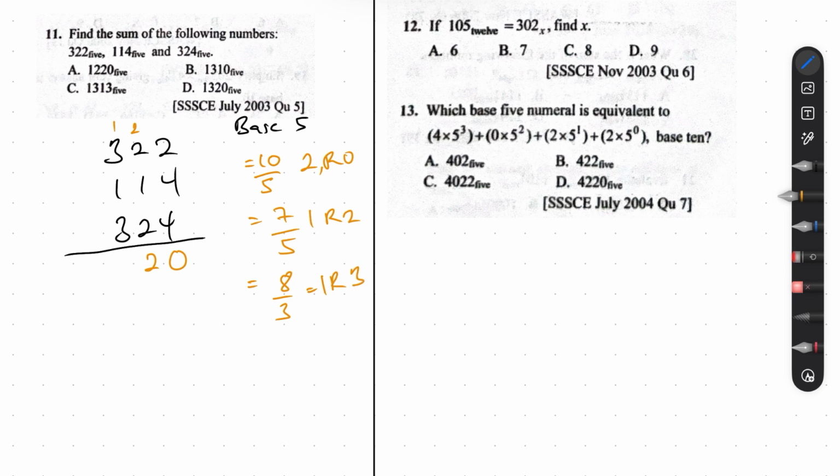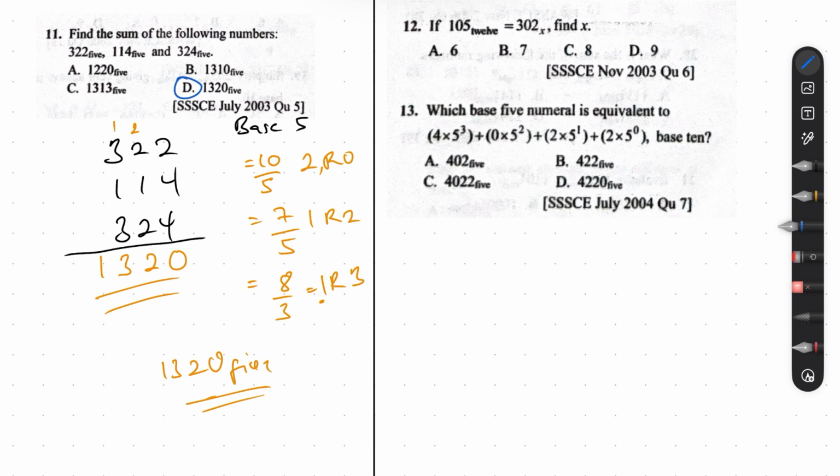Okay, so we have 3, then the remaining 1 will come here, which is this one. So this is our answer. 1320 base 5 is our answer. Do you have that? 1320, yes, which is D. Okay, cool. Let's move on to question number 12.